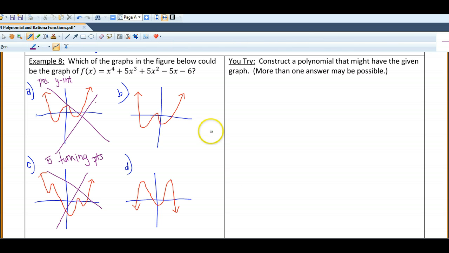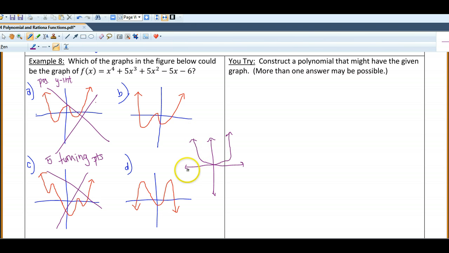The graph of x to the 4th power looks kind of like a parabola, but it's more box shaped. So it's kind of like this. Okay? But it goes to infinity.